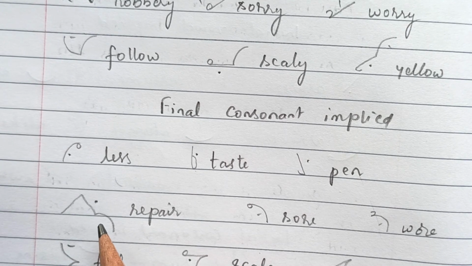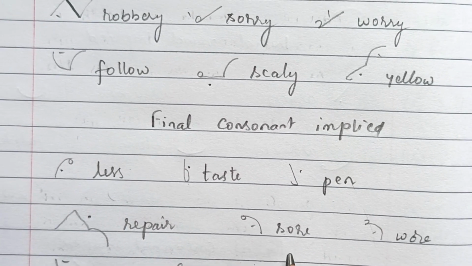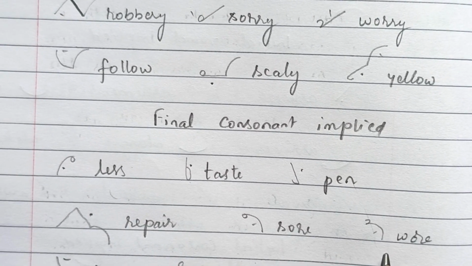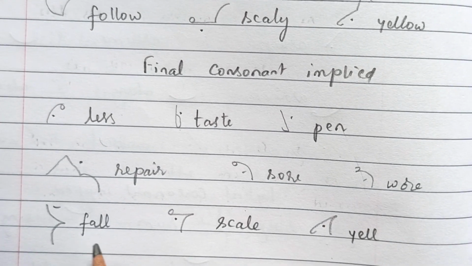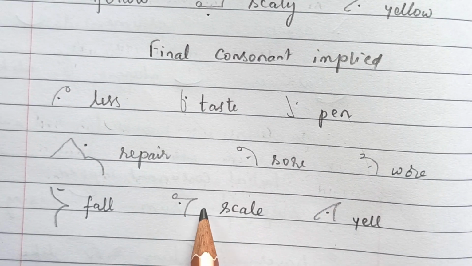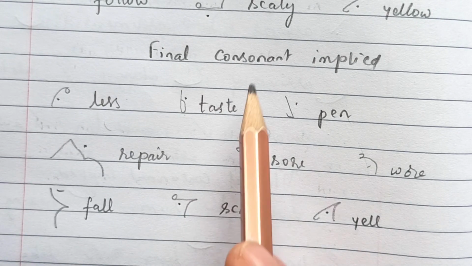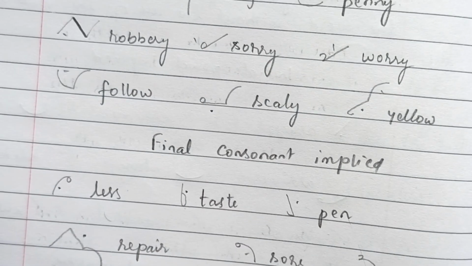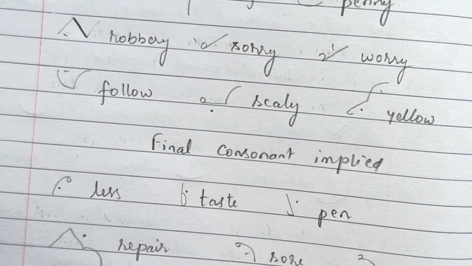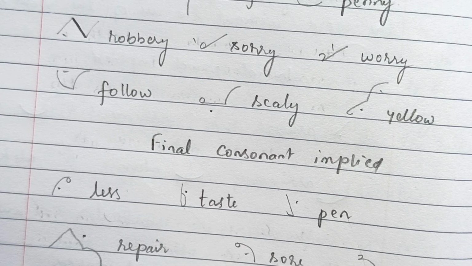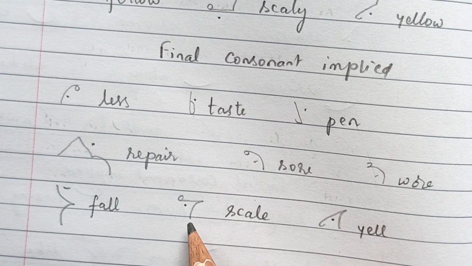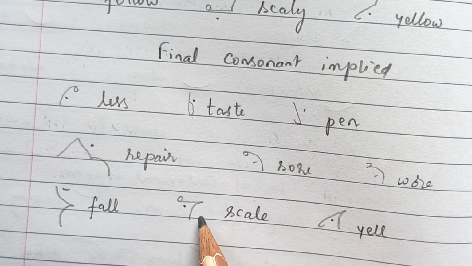Then repair, soar, and or. Fall, scale, and L. We have seen that if a vowel comes after L, then we are writing the L upward, and if there is no final vowel after L, then the downward form is used, here in scale.